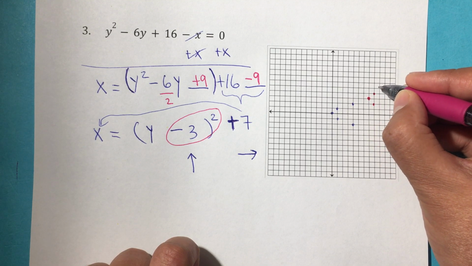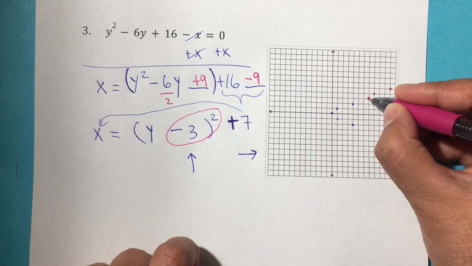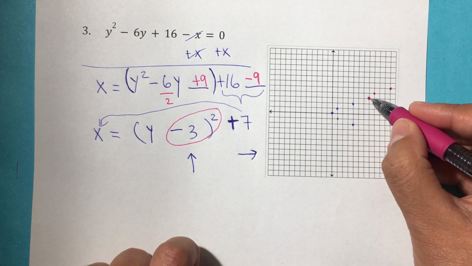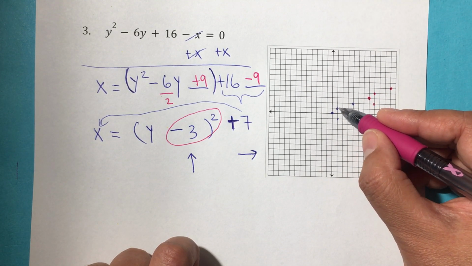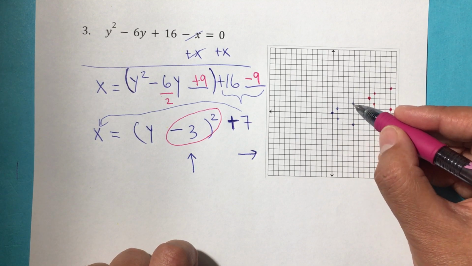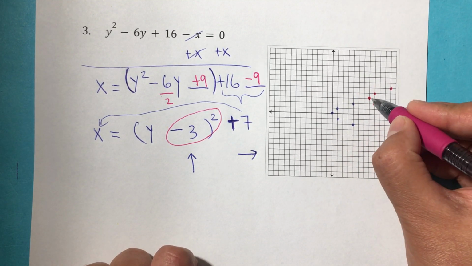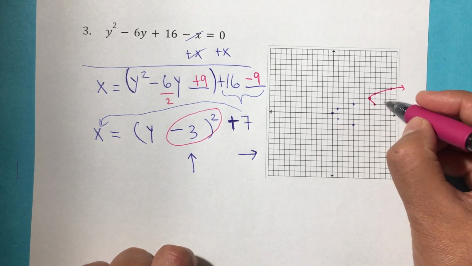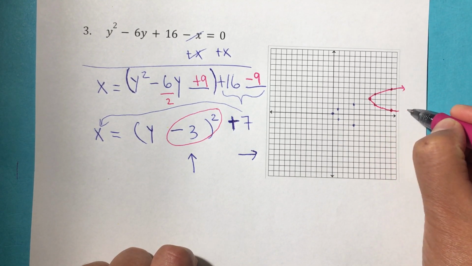Then 1, 2, 1, 2, 3, 4. I'm just going off the vertex and then counting how many spaces it goes for the next point, okay? And so that's my graph now that I have completed the square.